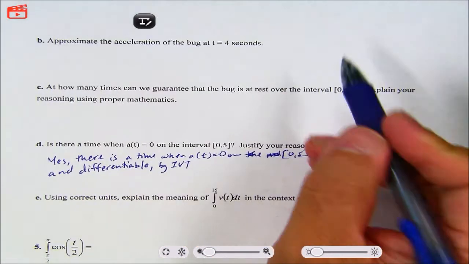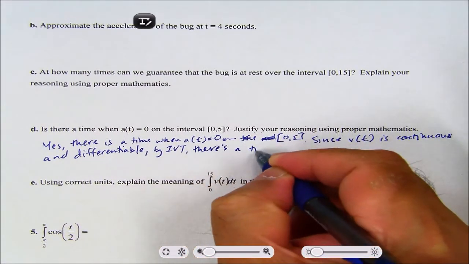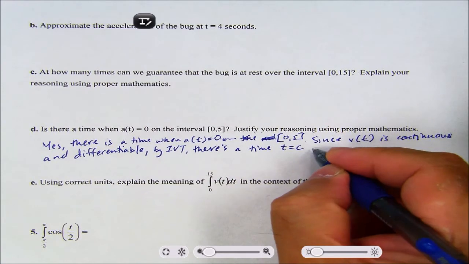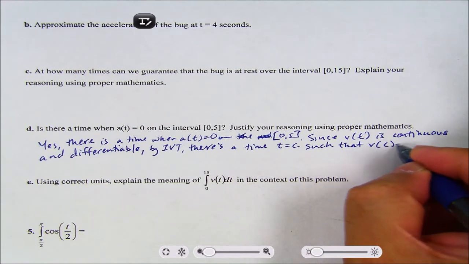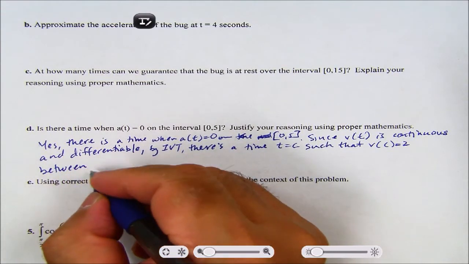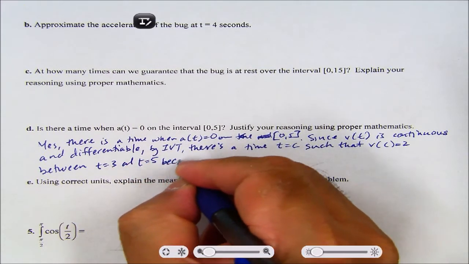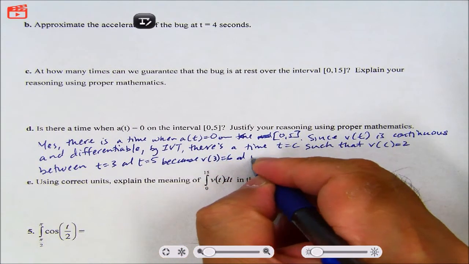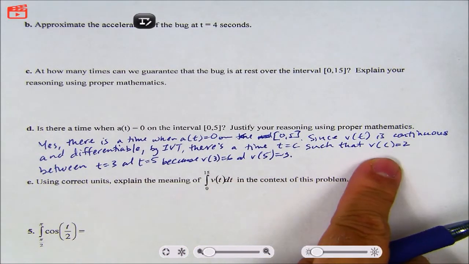By the IVT, there's a time, and we're just going to make up a variable here, t equals c, such that v of c equals 2 between t equals 3 and t equals 5, because v of 3 equals 6 and v of 5 equals negative 3. Okay, so that's enough to say there is some value c.